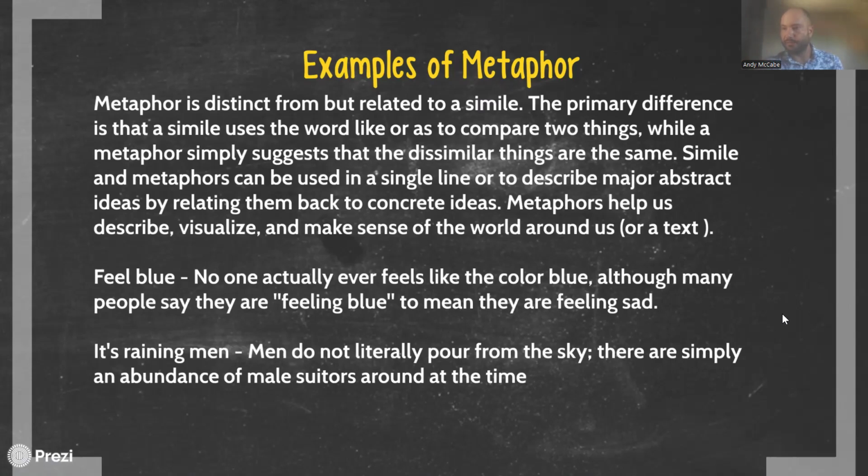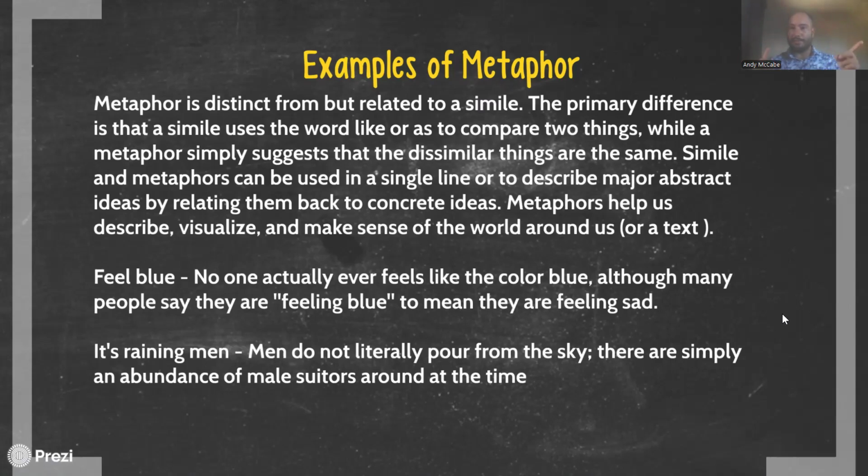Very good. All right. Now, before we wrap things up, let me just run down a few basic ways that you can identify the difference between simile and metaphor. Step one, look for like or as. If you see one of these words, most likely you're dealing with a simile.